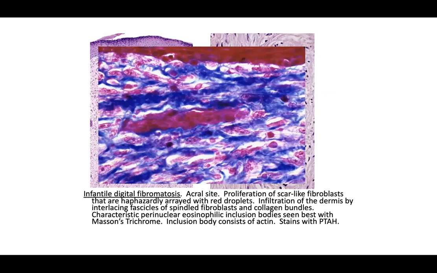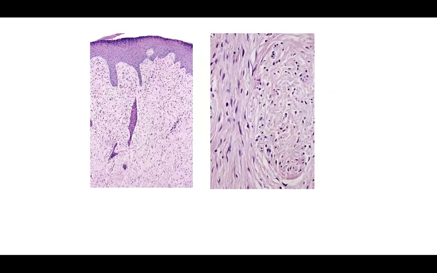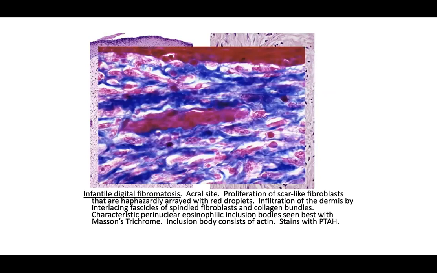You've got a proliferation of scar-like fibroblasts that are arrayed with red droplets. So if you go on high power and you see some areas of eosinophilic droplets, they typically will stain positive with this Masson's trichrome. You can really appreciate the red droplets here.